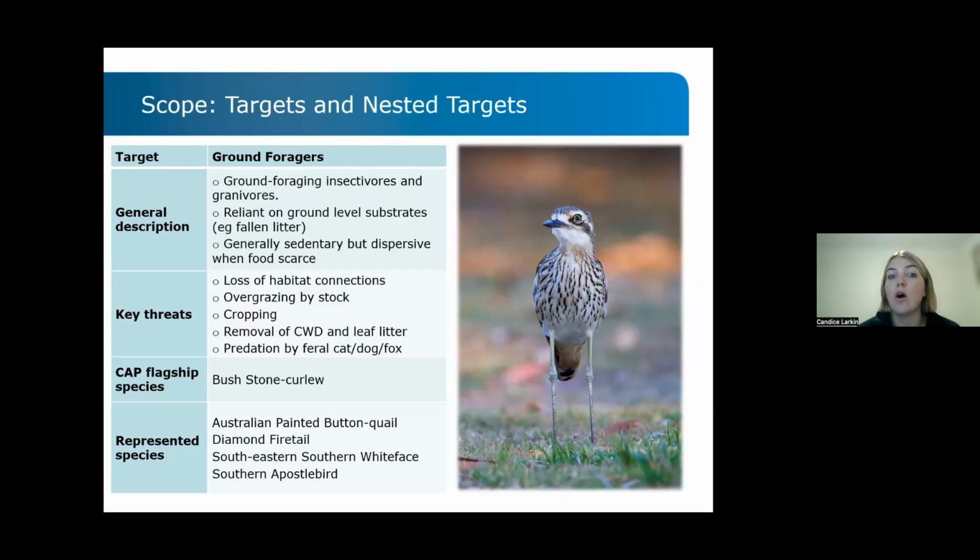Also, removing that ground layer gives them less to forage on, and we see declines there as well. So other species you might be familiar with are your button quail, your diamond firetails, apostle birds, and southern whitefaces as well.